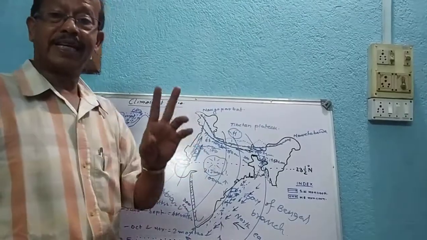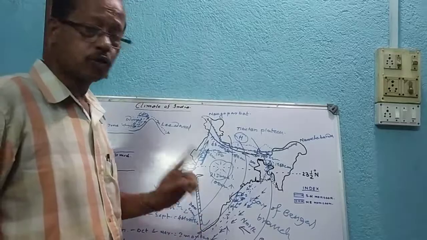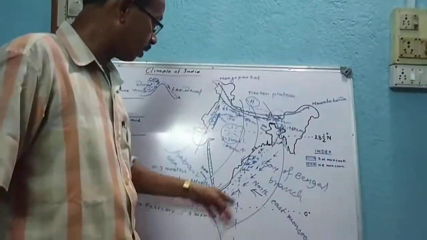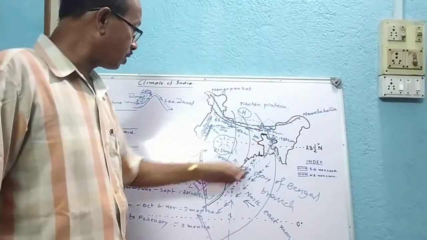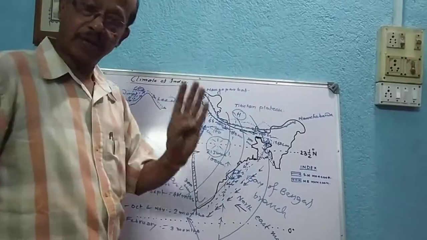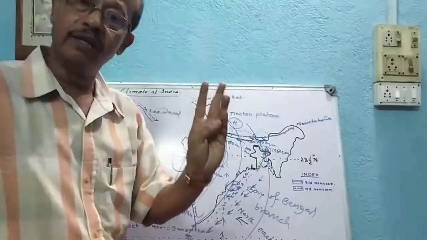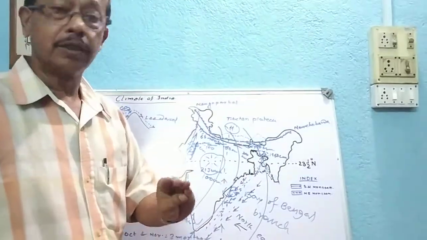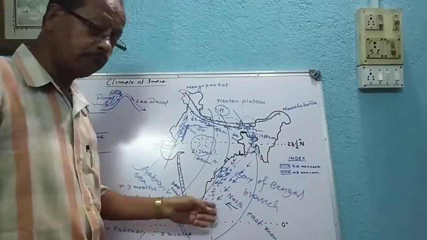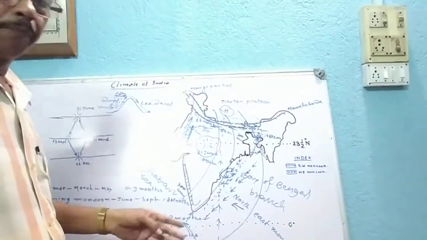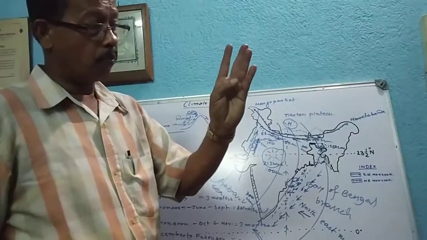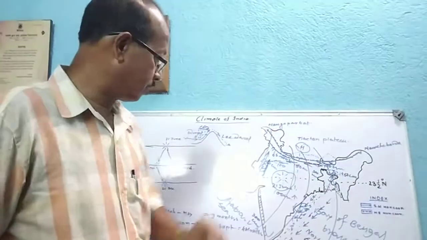So the characteristics of this wind are just opposite to the southwest monsoon. Northeast monsoon is characteristically dry, cold and heavy. On the other hand, southwest monsoon that we explained just before is warm, moist and light.